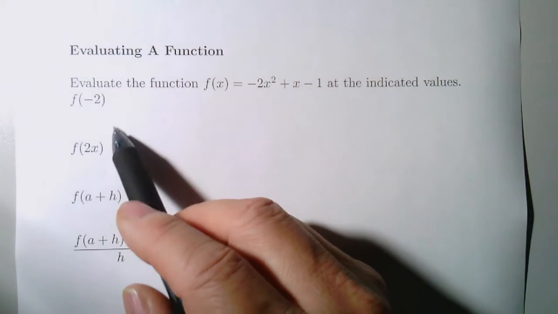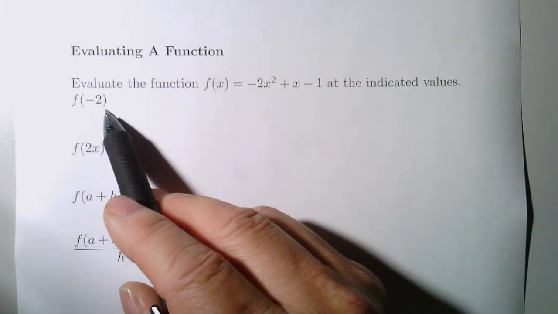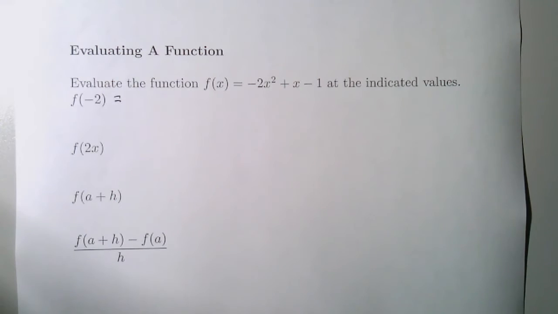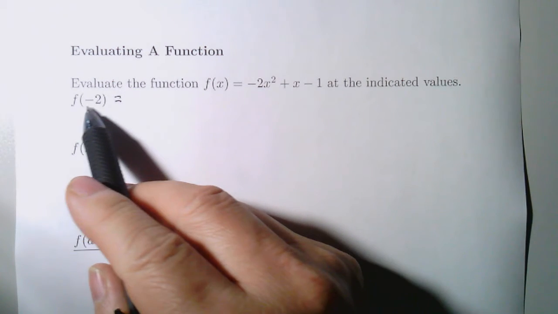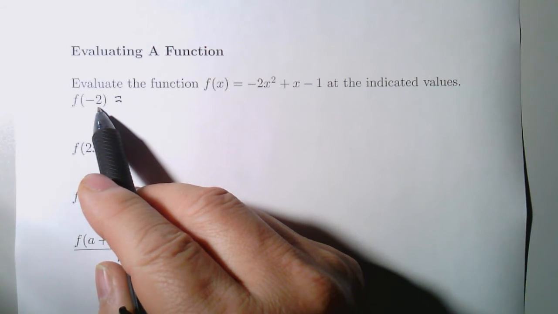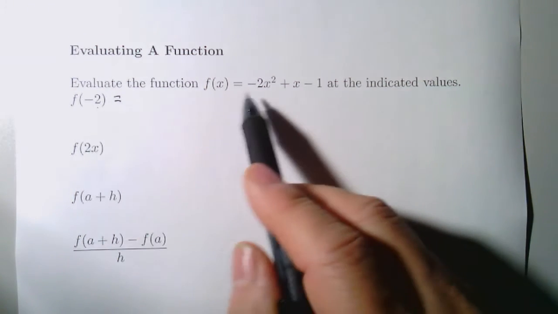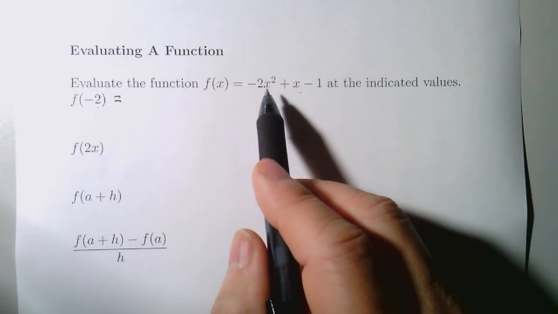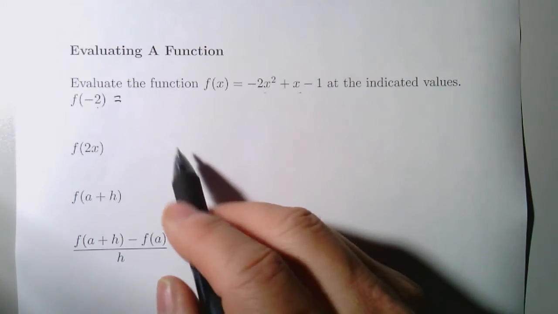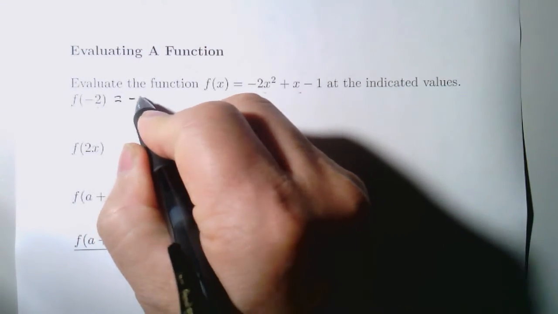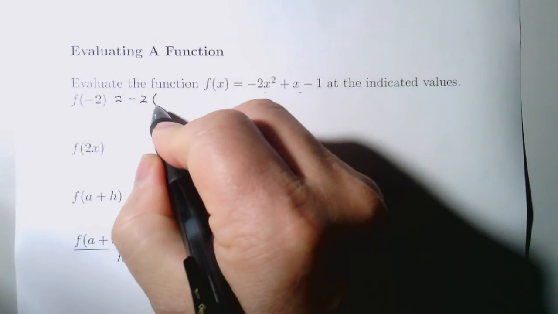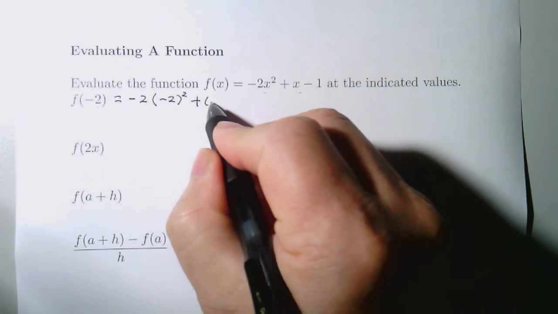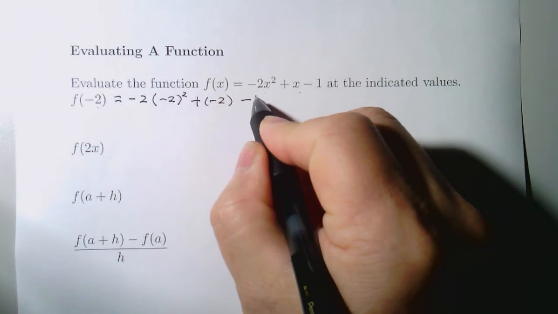First, we want to evaluate the function f(-2). Remember, f(-2) means you replace all x in the function by -2. So it turns out you have -2 times (-2) squared plus (-2) minus 1.